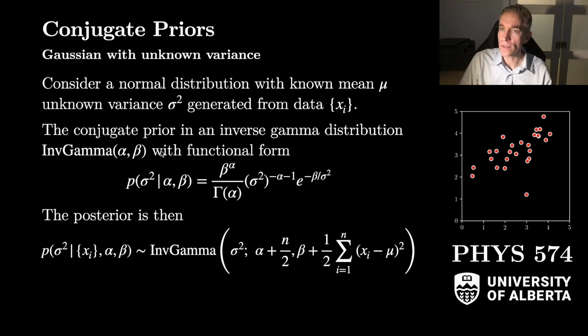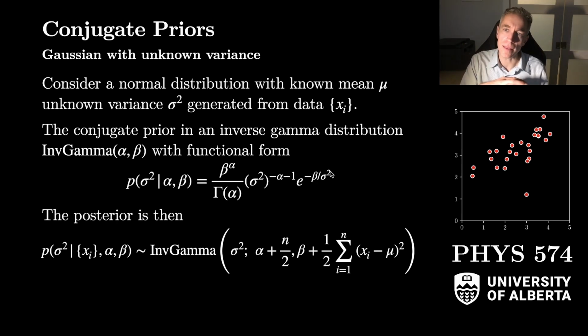And that leads to a functional form here where it's a function of the variance, shown as sigma squared, raised to the minus alpha minus 1 power. And that's what makes it an inverse gamma function, that the variable is appearing in the denominator rather than the numerator where it shows up in the gamma distribution. So it shows up here, and then e to the minus beta again over the sigma squared.